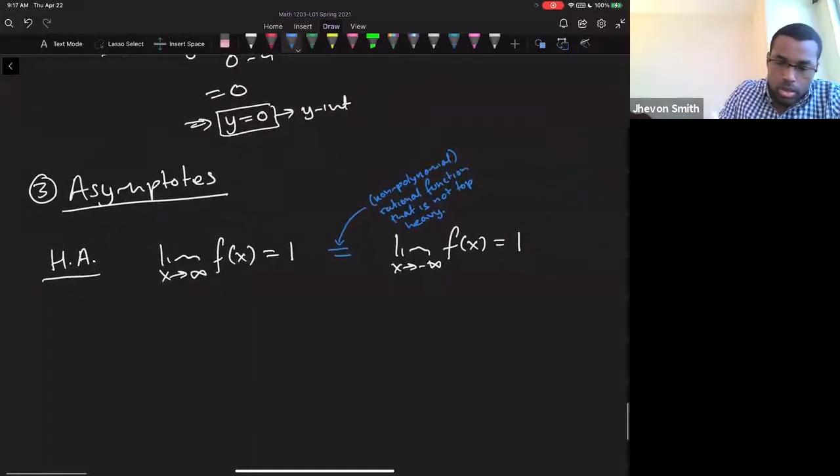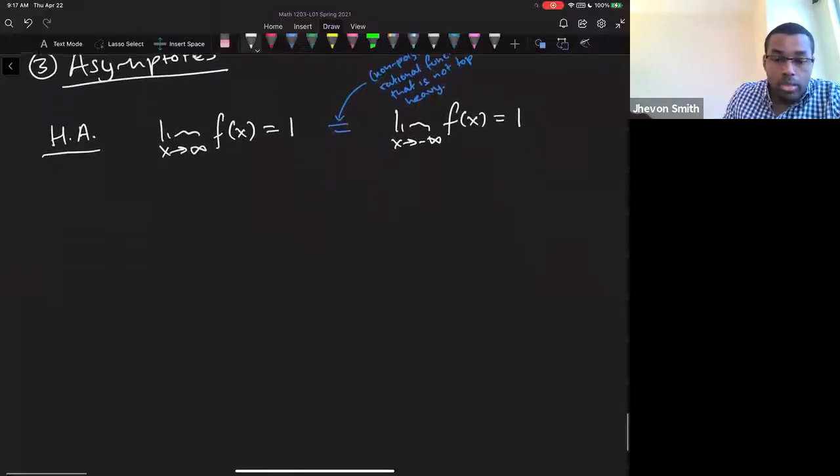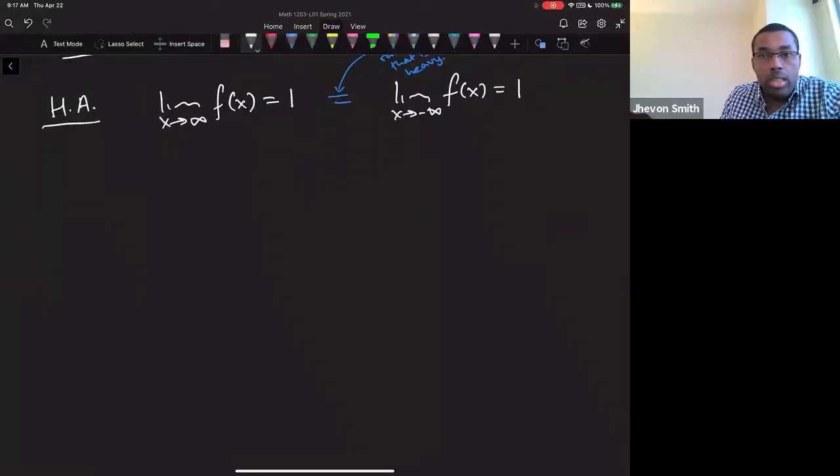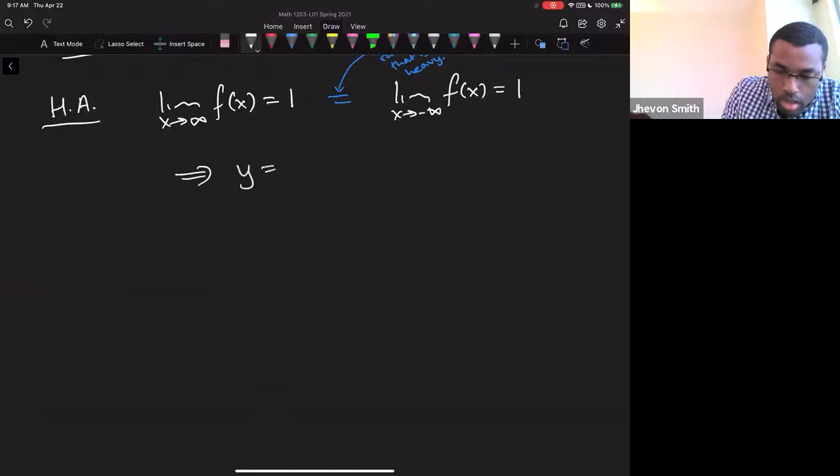All right, so that's that. What that means is the fact that we took these limits and we got a constant number, we got 1, that tells you that y equals 1 is a horizontal asymptote.